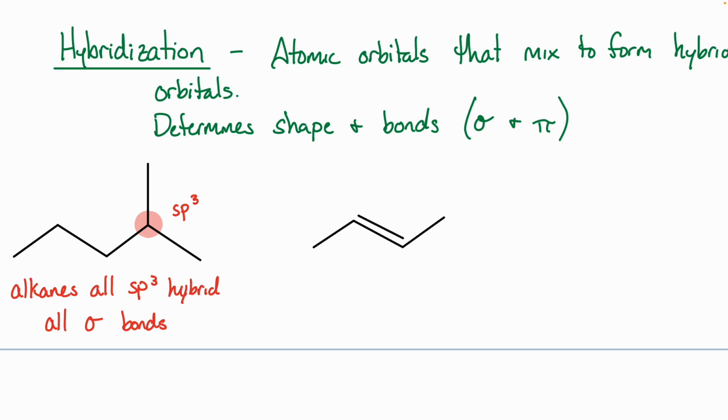We'll take that same example of our alkene. To be clear, two of these carbons are still boring old sp3 hybridized, but the two that are about that carbon-carbon double bond are now sp2 hybridized.